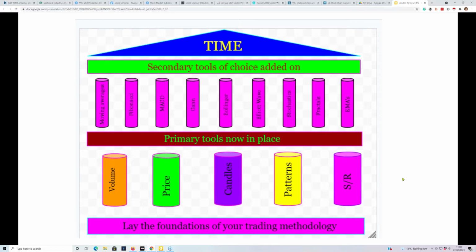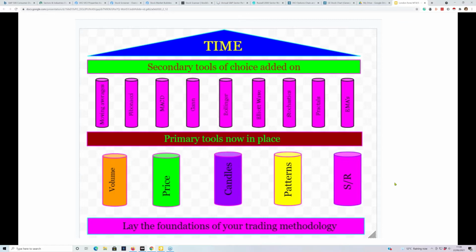Or is it going to carry on higher in the original trend? Or is it a point of reversal? And this is where all the other elements of VPA come into play: the price action, look at the volume, look at the candles and the patterns that develop at these important levels.